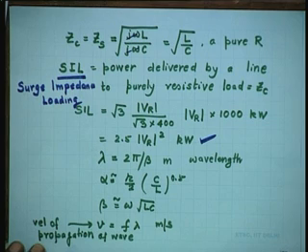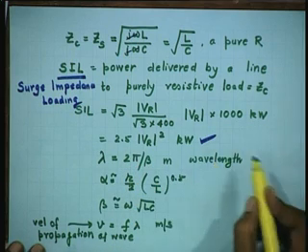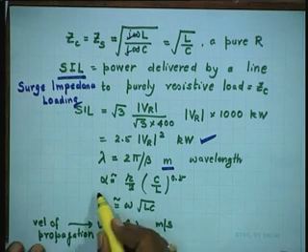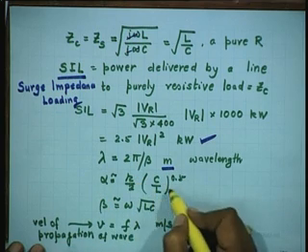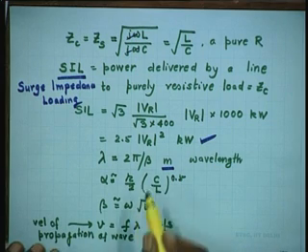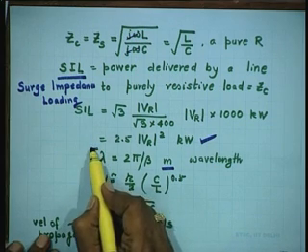Now, lambda is the wavelength, defined by 2 pi by beta. Naturally, the units of wavelength are meters. So, alpha is roughly r by 2 under root c by l and beta is omega under root l c. These three things you can use in numericals.